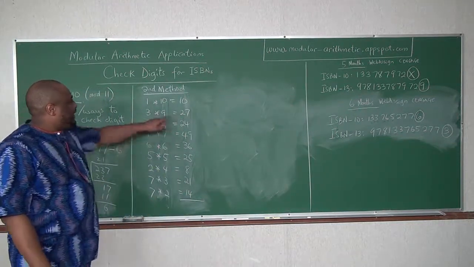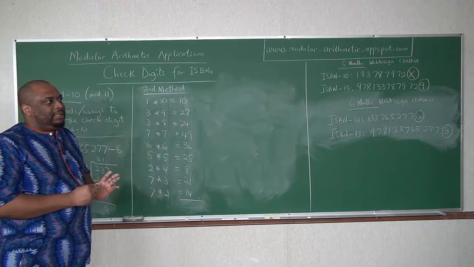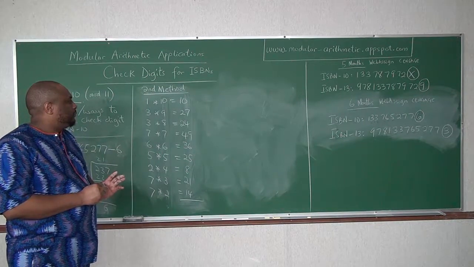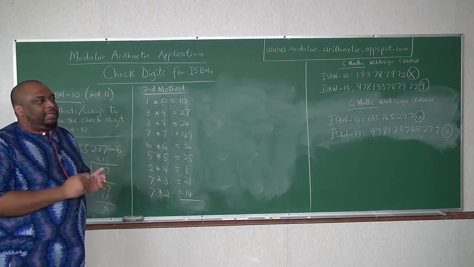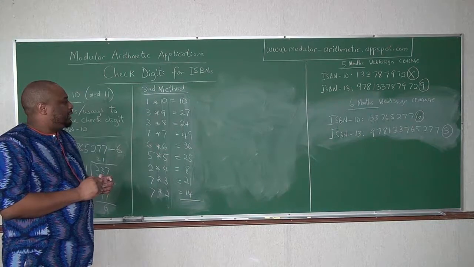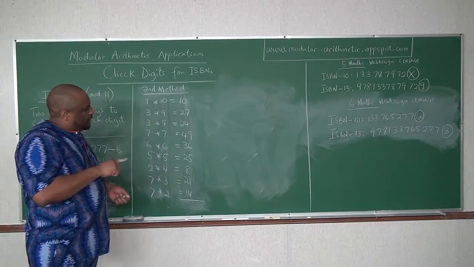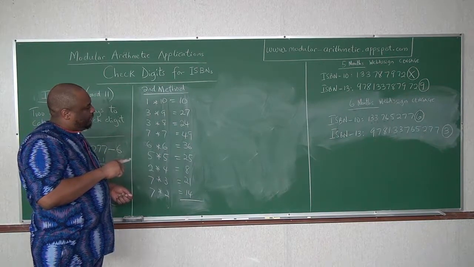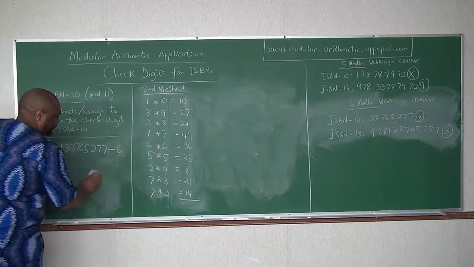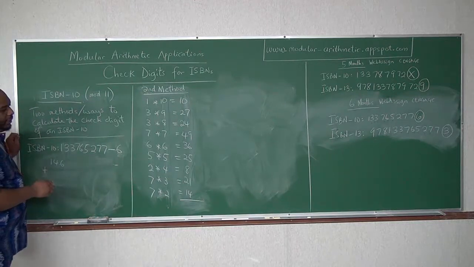10 plus 27 is 37, plus 24 is 61. 61 plus 49 is 110. 110 plus 36 is 146. 146 plus 33.